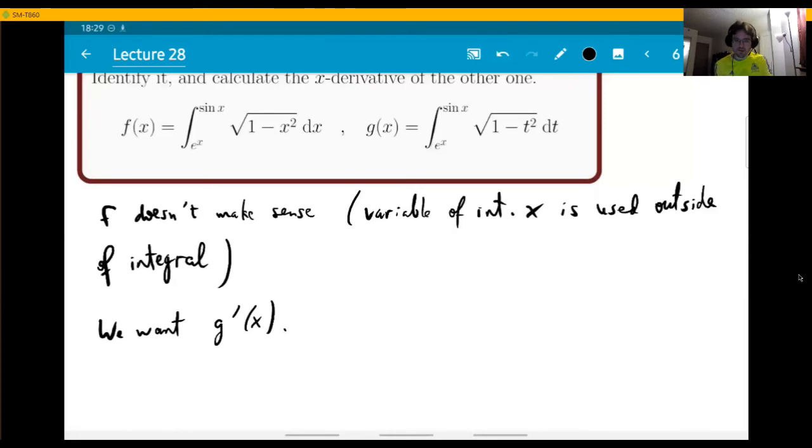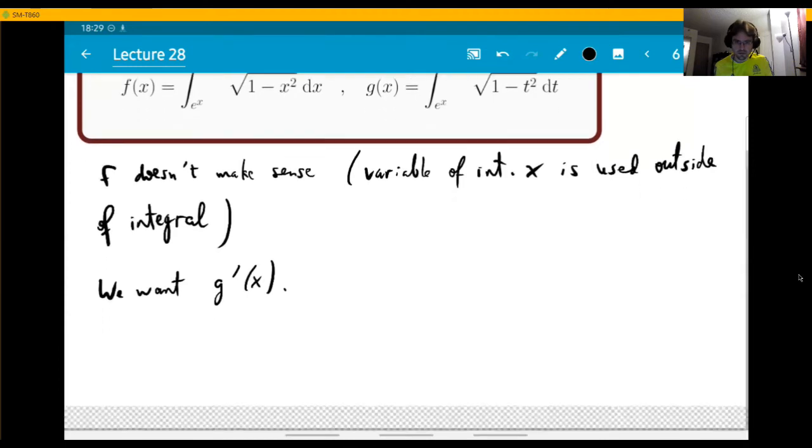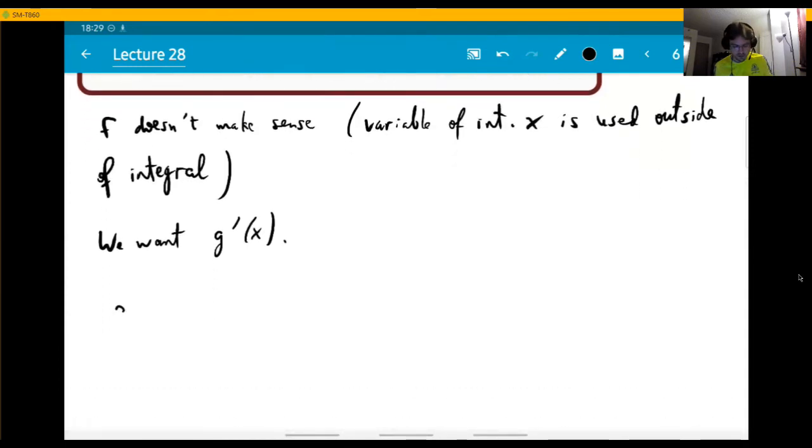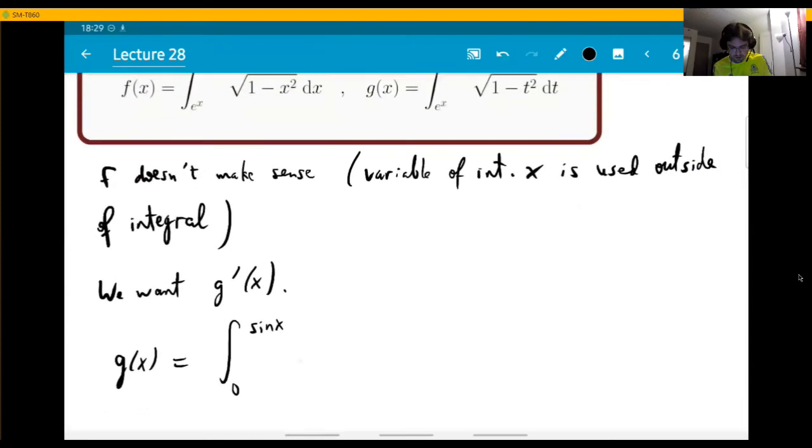Because we have functions in both endpoints, what we want to do is split this up. You choose some number. Let's choose, for example, the number 0. It really doesn't matter as long as it's a number that's in the domain of the function. Okay, this is a good way to write this.